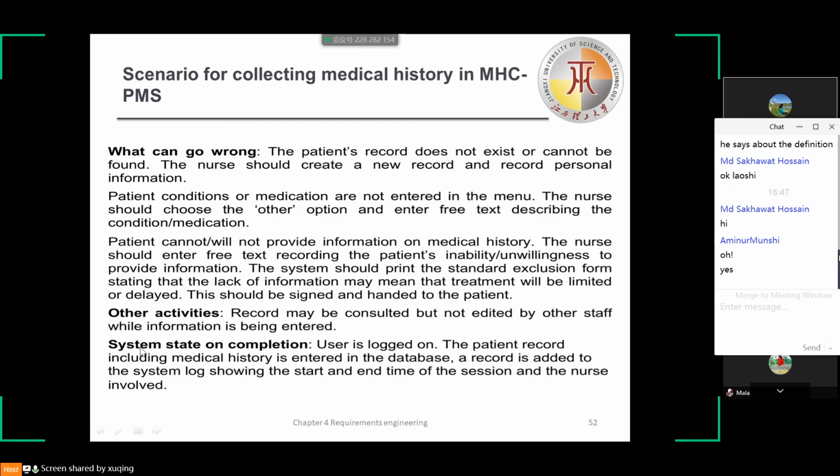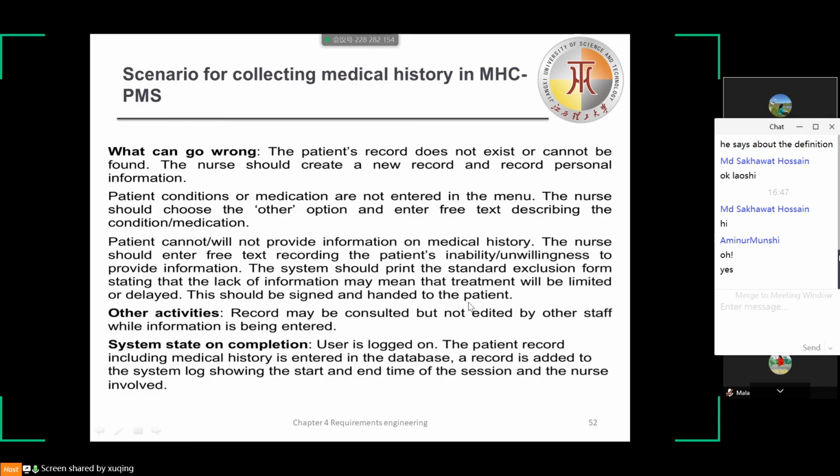You see here, we have a description of the system state on completion. The user is logged on. The patient record, including medical history, is entered in the database. A record is added to the system log showing the start and end time of the session and the nurse involved.